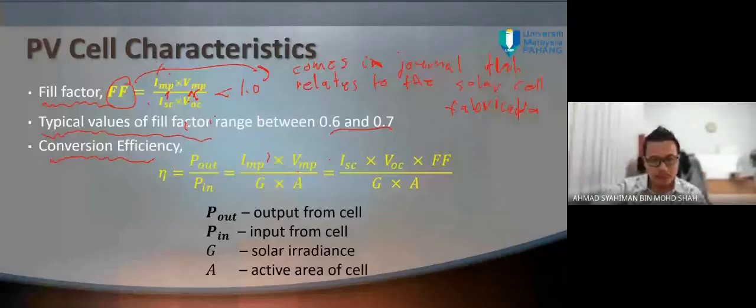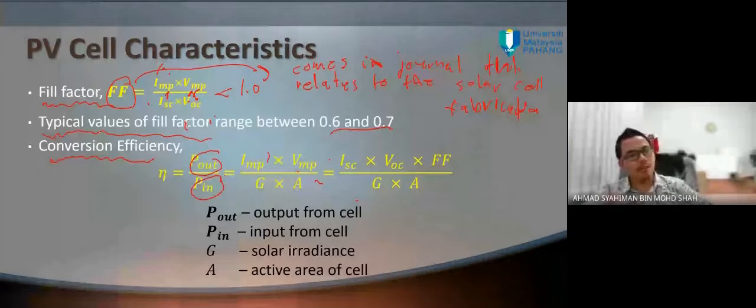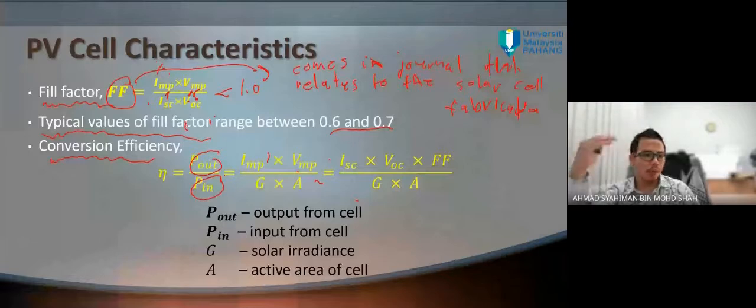In other words, we call that conversion efficiency. What is the basic equation of the efficiency? I think you all know already. P out over P in, meaning output power over input power. This is normal. In RF study also, the wireless transmission, they look at the output over the input.